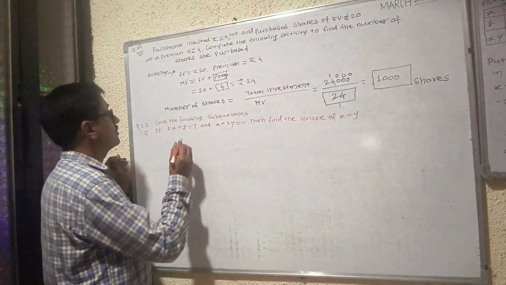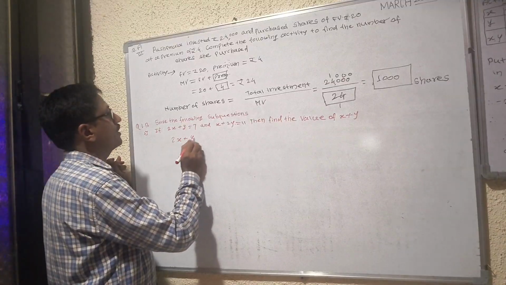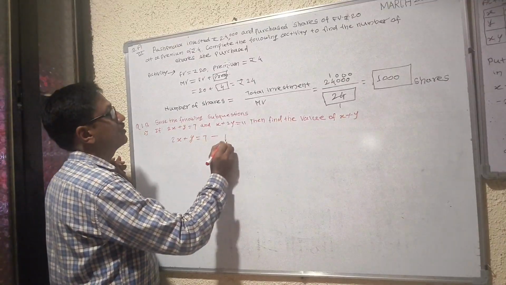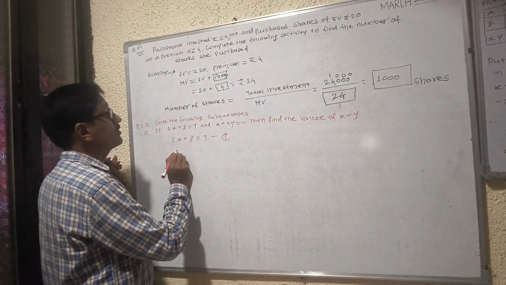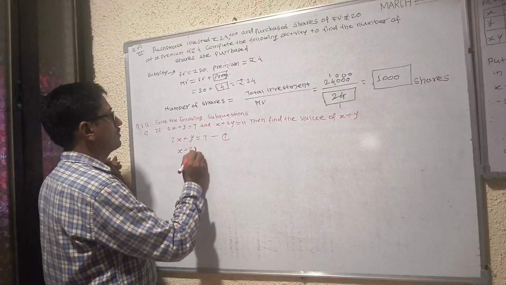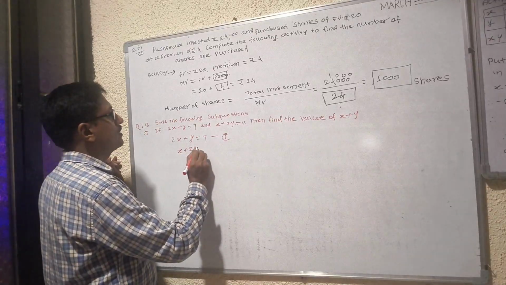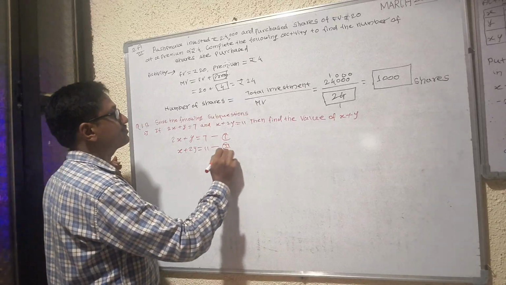I am writing the equations again below. 2x plus y is equal to 7. We are given this as the first equation, and the second is x plus 2y is equal to 11. This is the second.